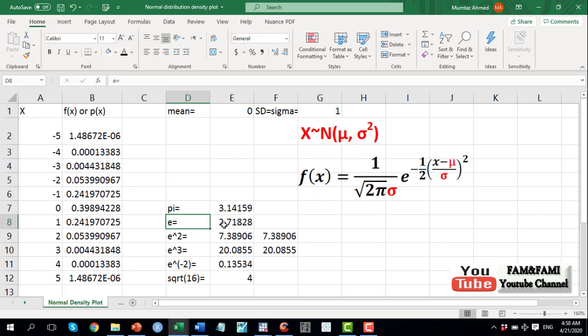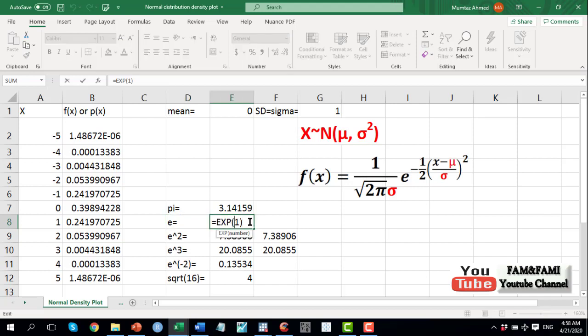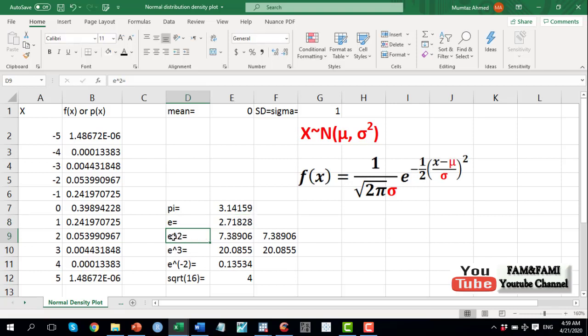Now e is a constant, and the Excel command is equal sign and then exp for exponential, and within parenthesis represents its power. So exp within parenthesis 1 means it is just e, or e raised to power 1. If we want to calculate e square, e raised to power 2, then just put an equal sign and then exp and within parenthesis 2.